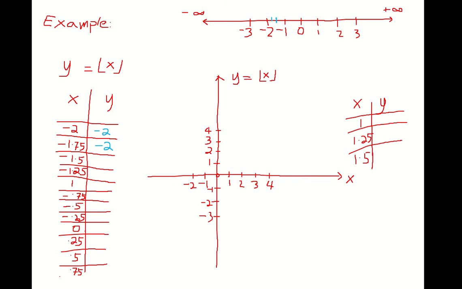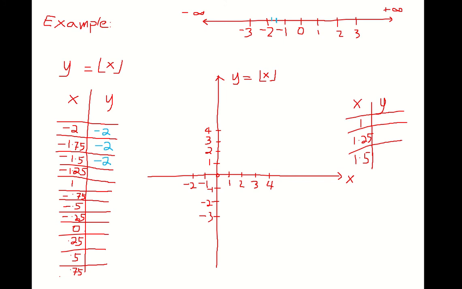Now the greatest integer function of negative 1.5 rounds down, so not to negative 1, right? So that is also negative 2, again because negative 2 is smaller than negative 1.